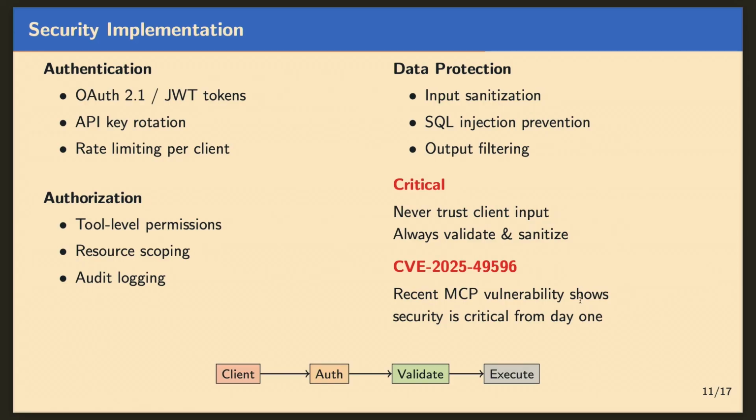Now, also for internal tools, input sanitization is a must. Never trust the client input which is coming in, so that's where the Pydantic validation really comes in handy. There was a recent vulnerability, 49596, which I keep referring back to within our team.